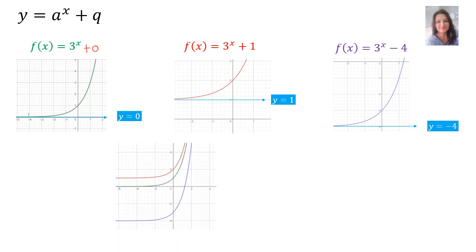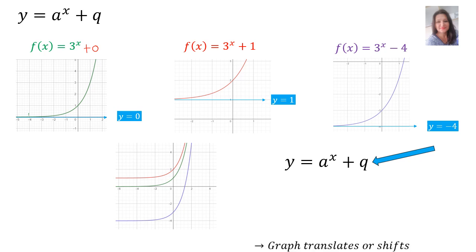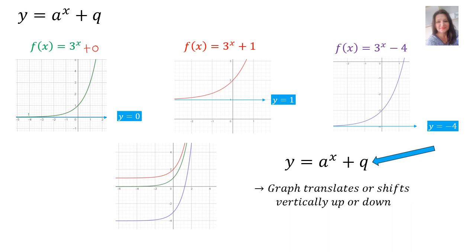There are the three graphs together, so you can clearly see what happened. The graph y is a to the x plus q, the influence of the plus q there: the graph translates or shifts vertically up or down. And then q is the new horizontal asymptote.